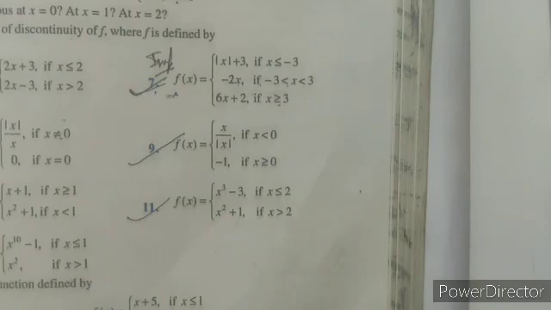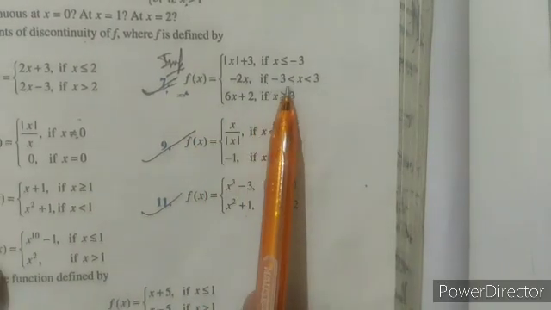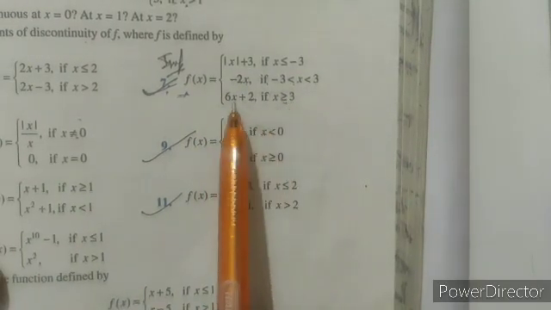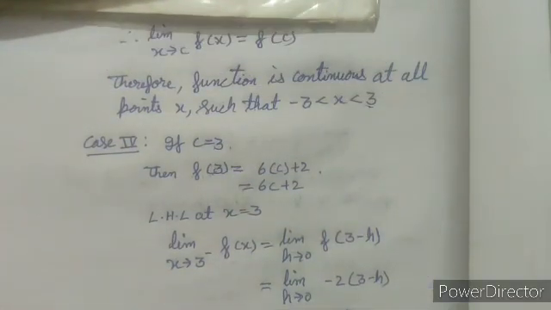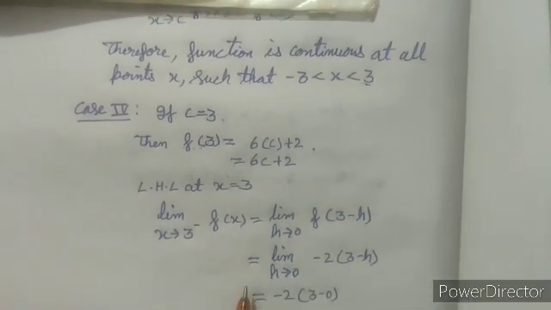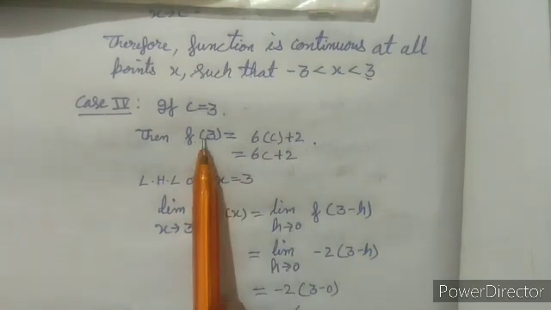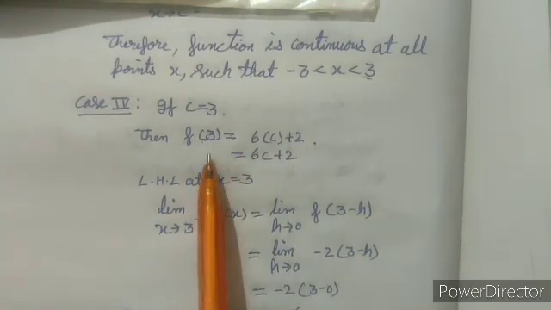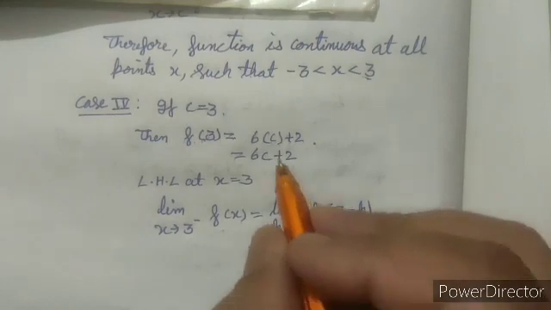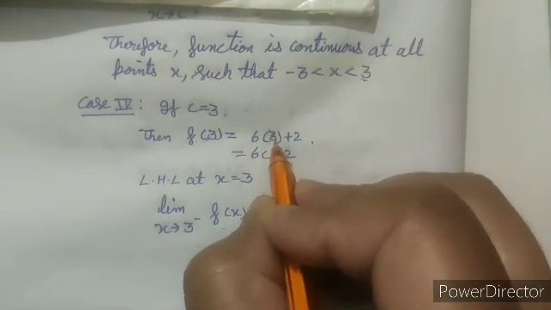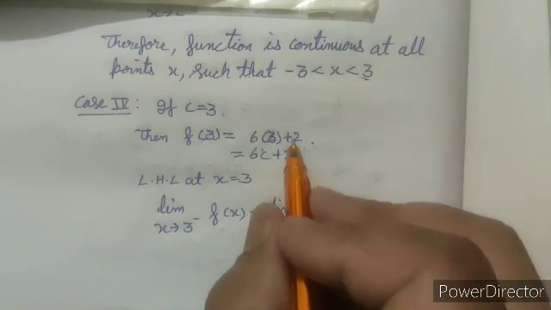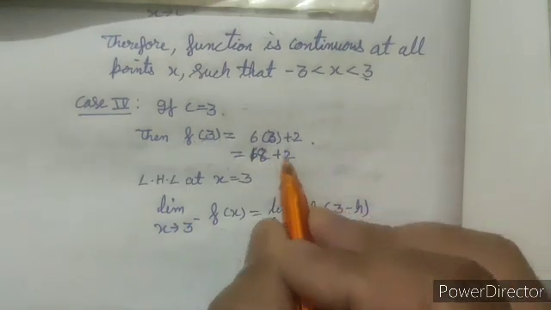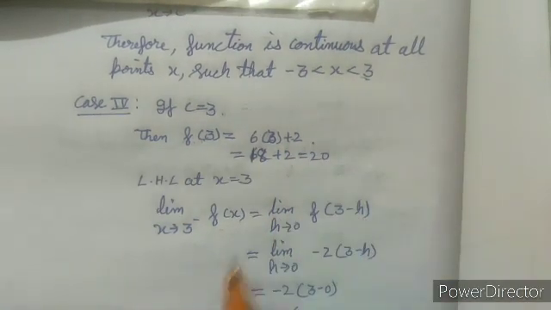Now the value of the function at 3 is 6x plus 2, so we will take this as 6x, and x was 3 here, so this will be 6 into 3 plus 2, and this will be 18 plus 2, that is 20.